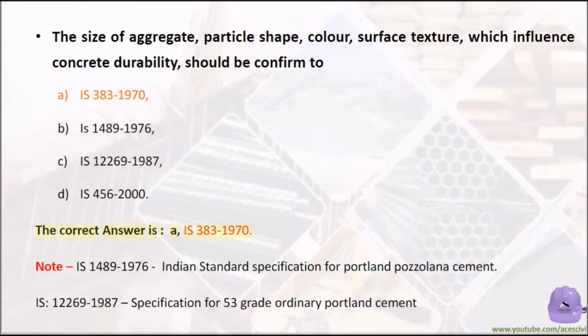The correct answer is A. IS 383-1970. Note: IS 1489-1976 is the Indian Standard specification for Portland Pozzolana Cement. IS 12269-1987 is the specification for 53 grade ordinary Portland cement.